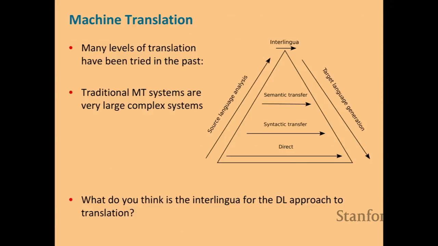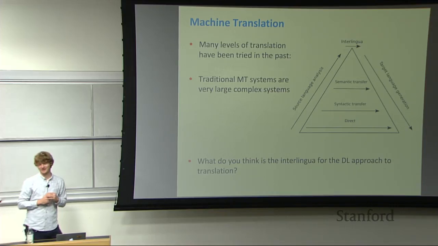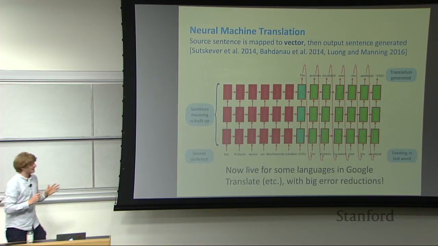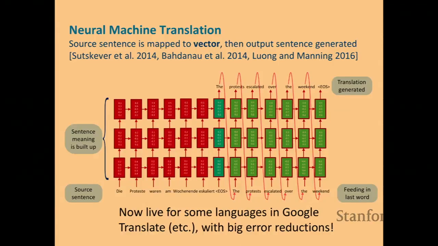And so the question for you is, what do you think is the interlingua for deep learning that we'll use for almost everything? Vectors, that's right. For us, all of that will just be a list of vectors. And you won't understand this just yet in all its details as a figure, but here's a German sentence like, die Proteste waren am Wochenende eskaliert.